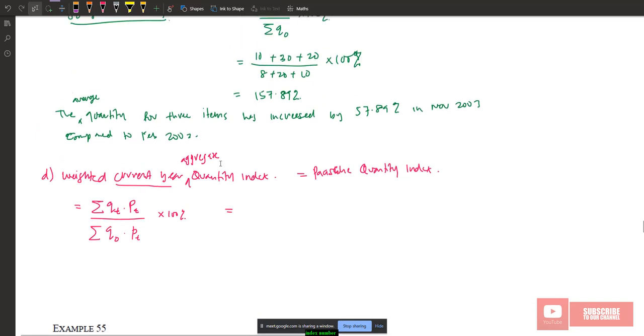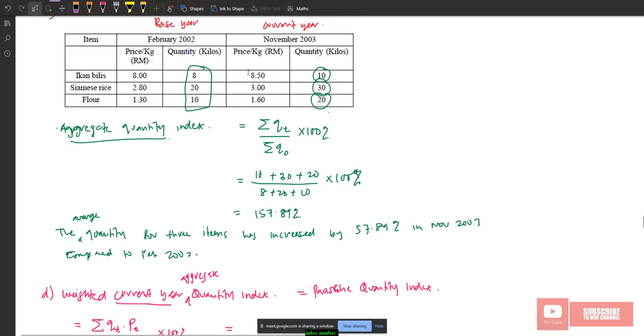So if you look at this one, the table, let's say we focus on the first one, the numerator, the summation of Qt multiply with Pt. Right, so this one, Qt is 10. So 10 multiply with Pt is 8.50 plus 30 multiply with 3.0 plus 20 and 1.6.